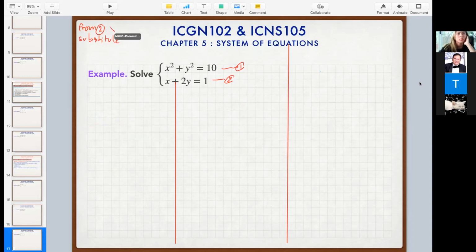I get x in terms of y: x equals 1 minus 2y. So I substitute in equation number 1. I get (1 minus 2y) squared plus y squared equals 10.